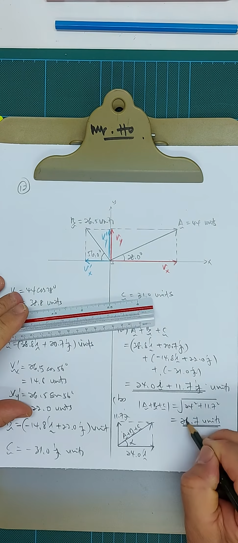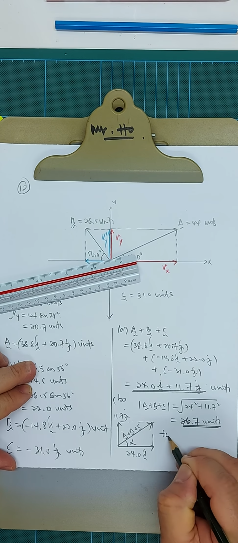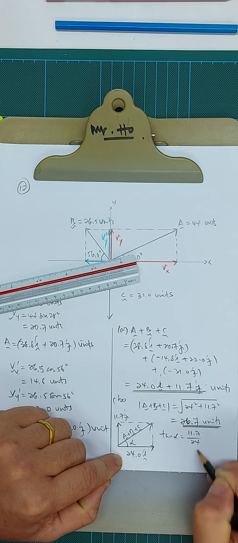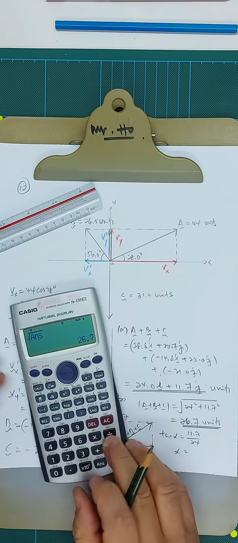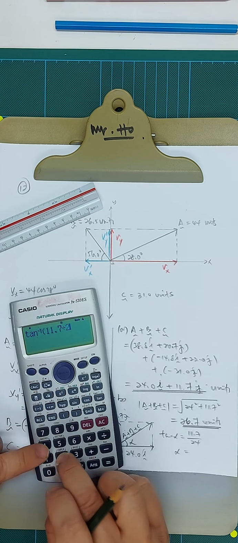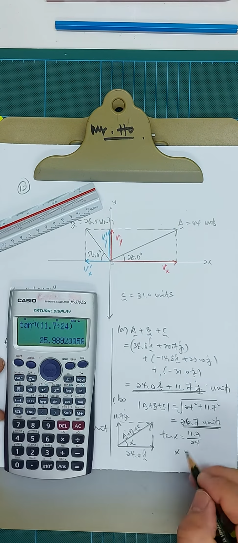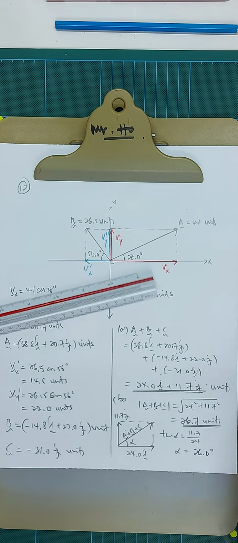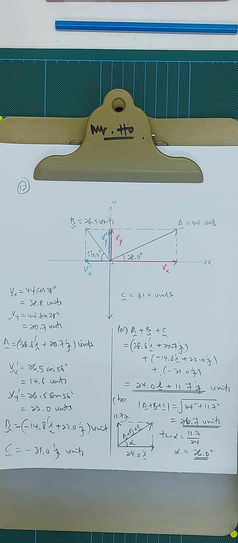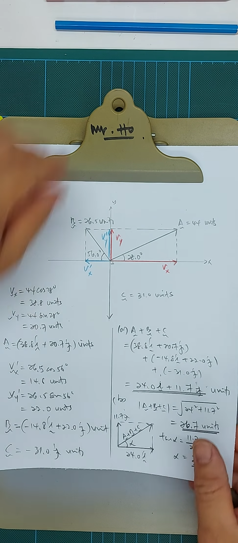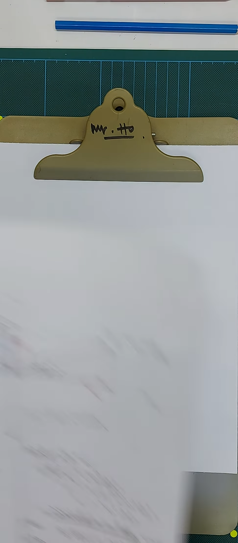After that, tangent alpha is equal to 11.7 divided by 24, so our angle will be arctangent of 11.7 divided by 24. The answer is 26.0 degrees. That is question 12. That one is difficult.